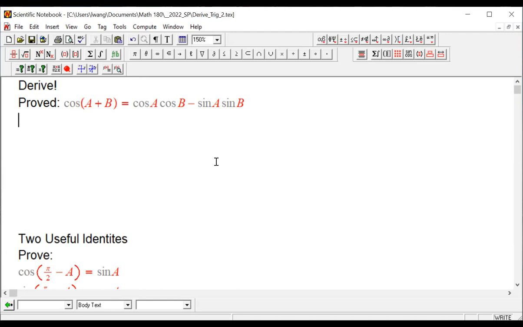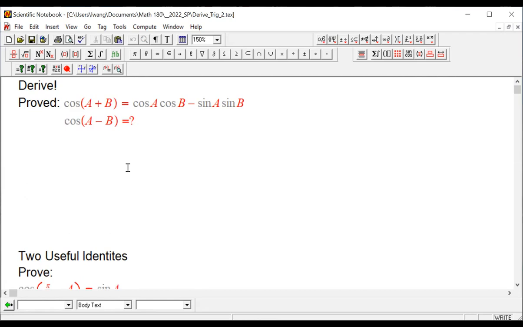The next one is, what would it be if we have cosine A minus B? We have cosine A plus B. What would it be if we have cosine A minus B? The way we derive this is the following.